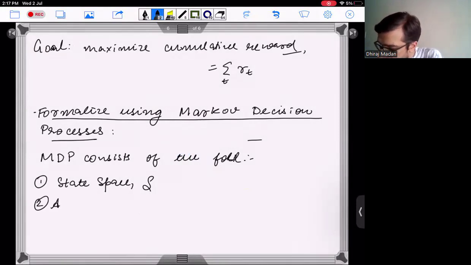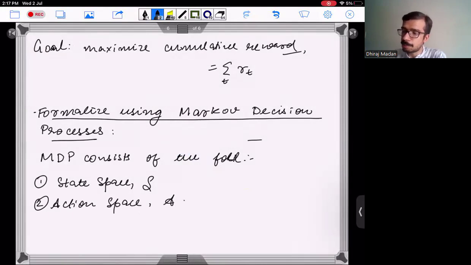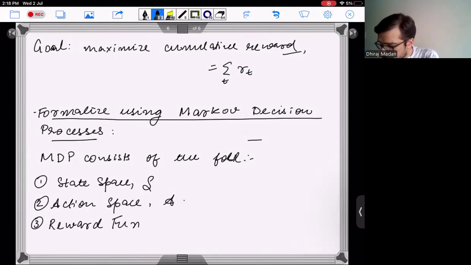Then there is an action space, or a set of actions. Right? So for example, the 4 possible actions we have at every cell form our action space in the grid world game. And then there is a reward function. A reward function is a function from the states to reals.